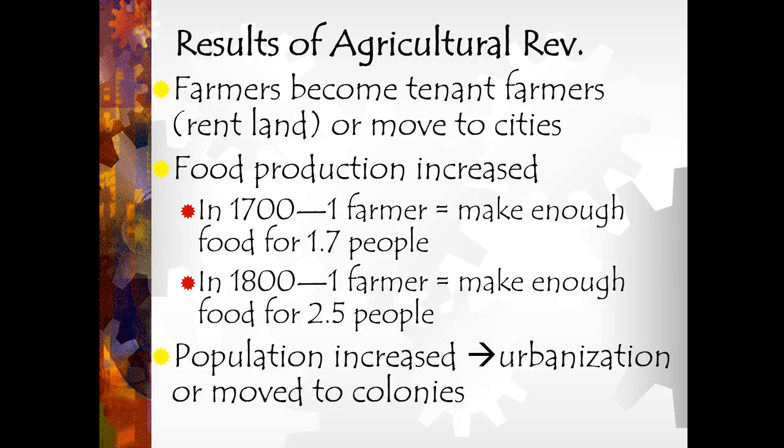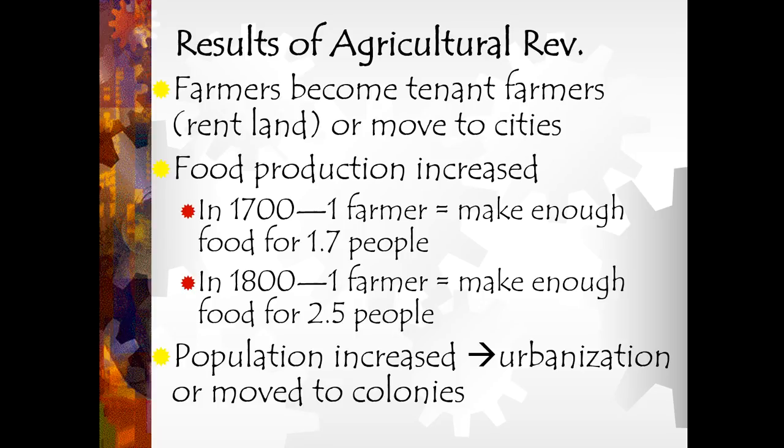So between a larger birth rate and a slower death rate, our population expands, and this leads to urbanization, or the growth of cities. Or some of these people, because of the era we're talking about, moved to the colonies in the New World because it was getting a little bit crowded there in Old England.